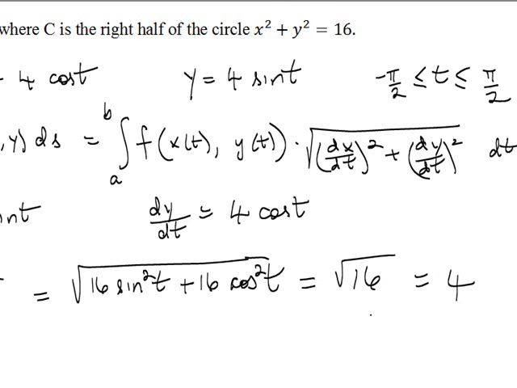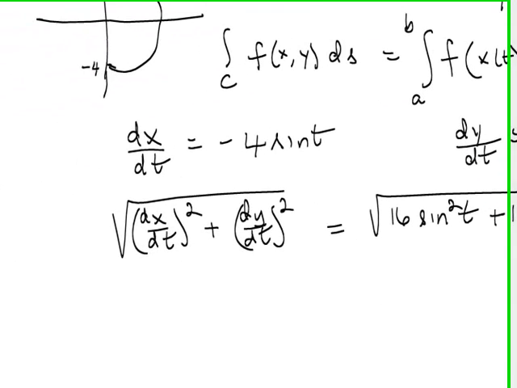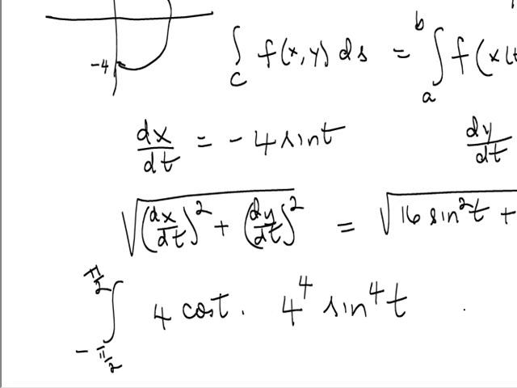Okay, now let's go and rewrite the integral. So the integral becomes the integral from minus pi over 2 to pi over 2. We write the function xy to the fourth in terms of t. So x is 4 cosine t. y to the fourth is 4 to the fourth, whatever that is, sine to the 4 t.